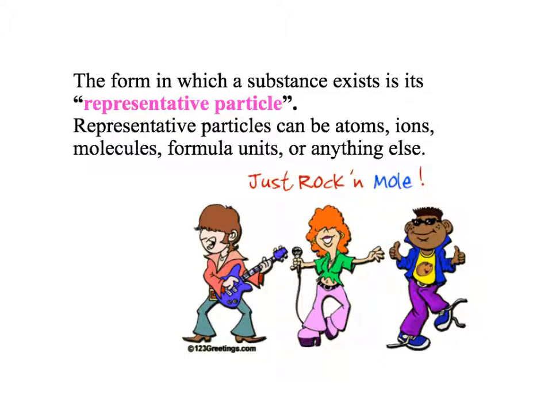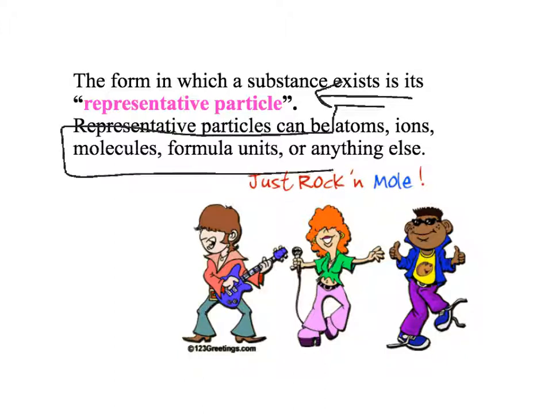We're going to learn this term called representative particles, and representative particles is the current form in which a substance exists. So we need to understand what representative particles can be so that we can start understanding what the mole is and how it quantifies things. So representative particles, kind of a vague term. It can mean atoms, ions, molecules, formula units, and then it says anything else.